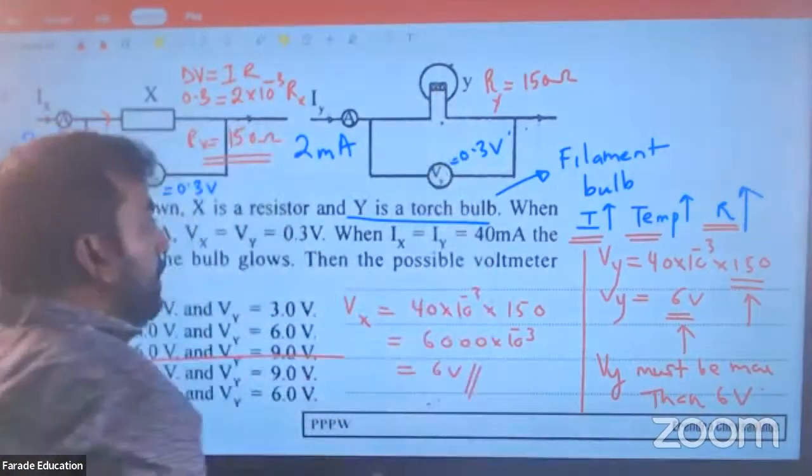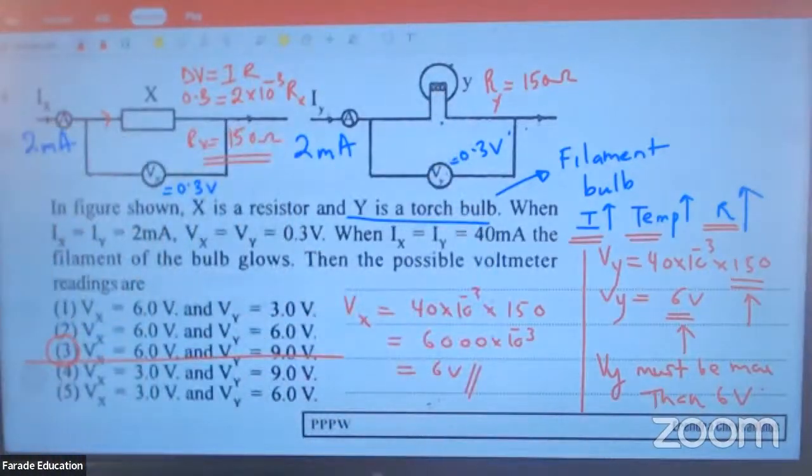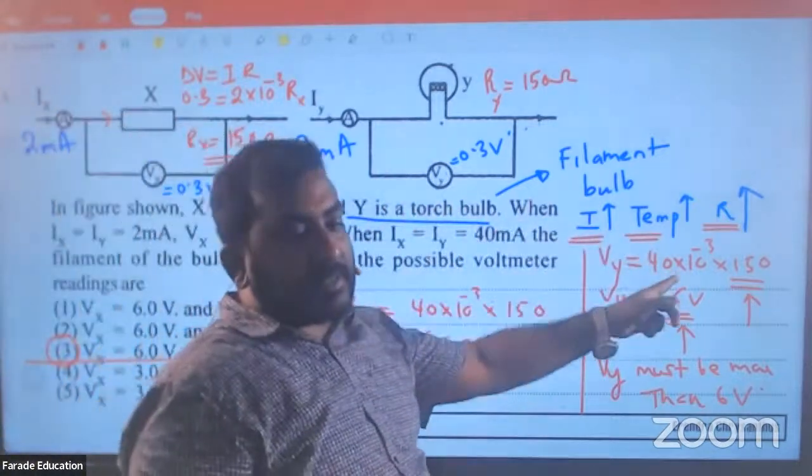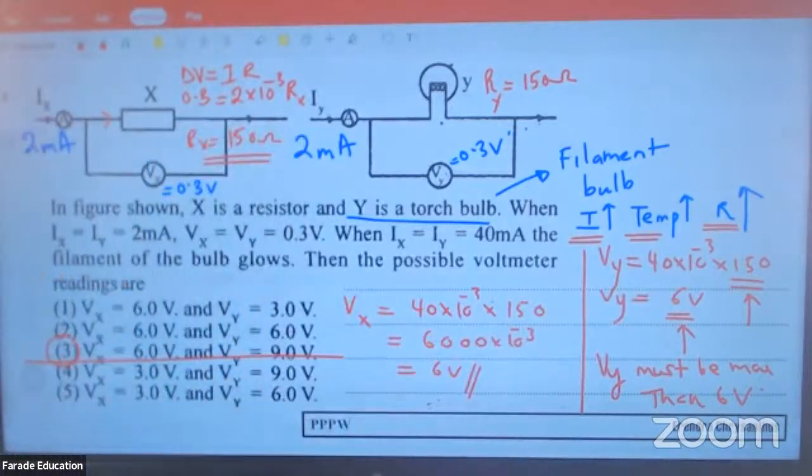But in a filament bulb, when the temperature increases, the resistance will increase. Therefore, the potential difference across it will also increase.